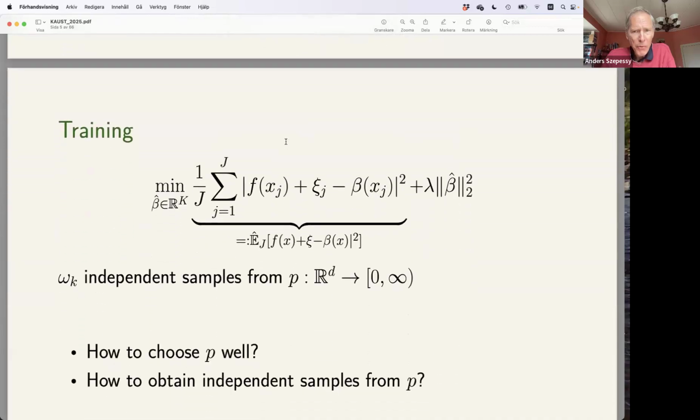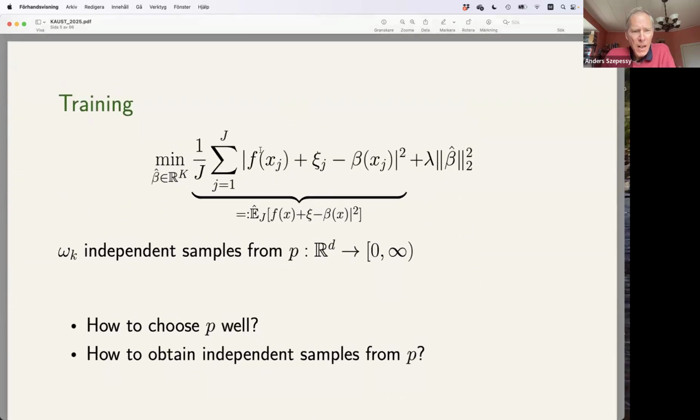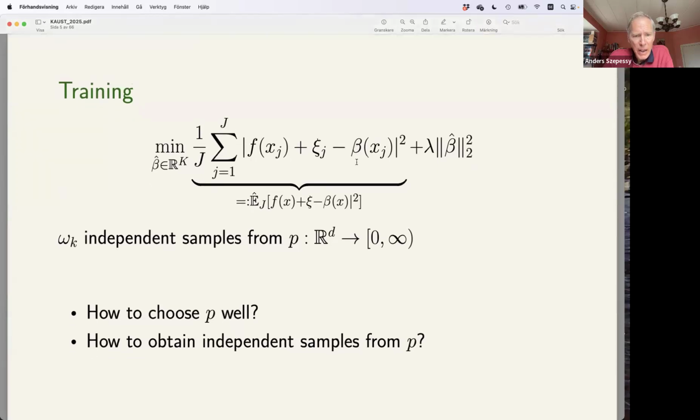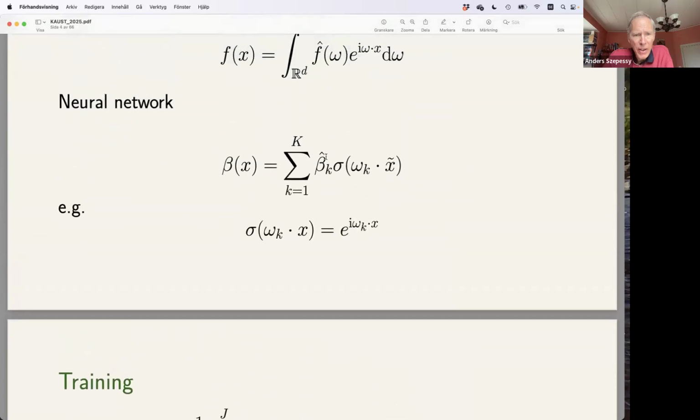So here comes the training setup. You take the data point and the neural network beta. So beta is this function. You have some amplitudes and the complex exponential for the activation function.